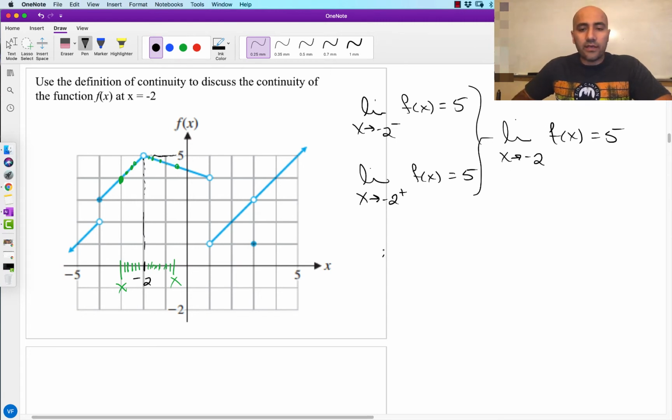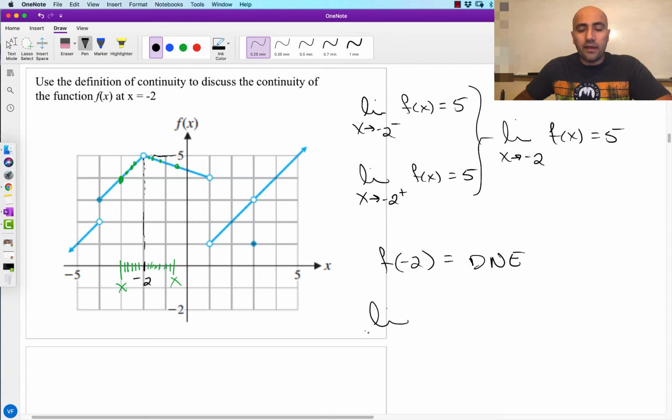And now the other thing is, what if we evaluate that function at -2? Well, as we can see, there's a little hole there. So this does not exist, it's undefined. There's a little hole there. So that means that it's not continuous there.